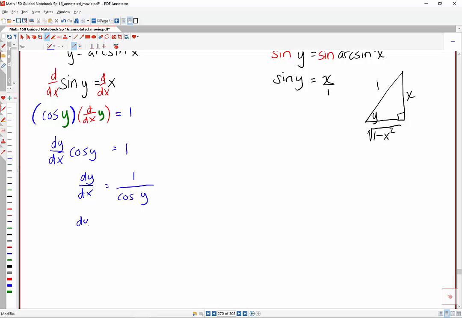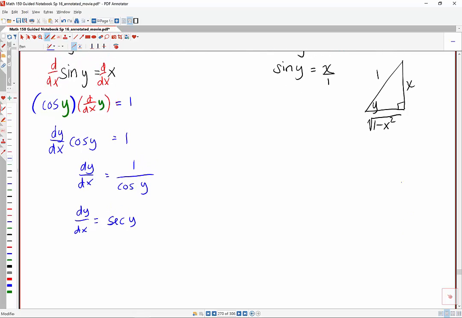But that's the same as dy dx is secant at y. And then you look at your triangle. So the secant is the hypotenuse over the side adjacent, right?